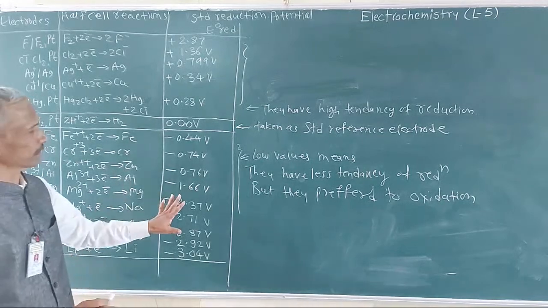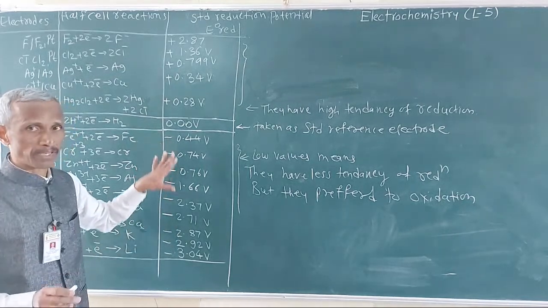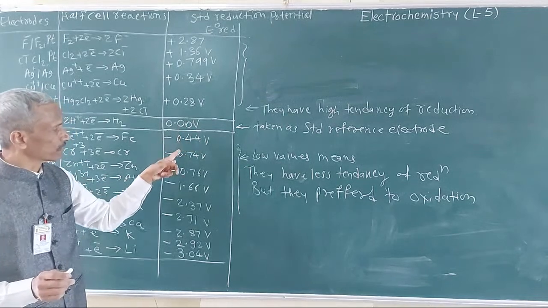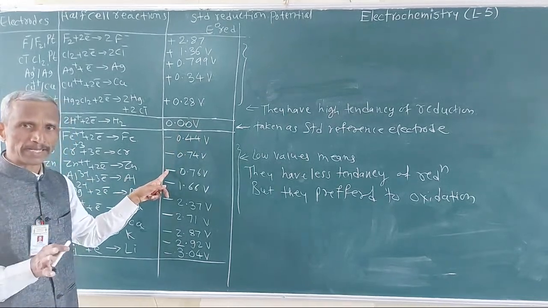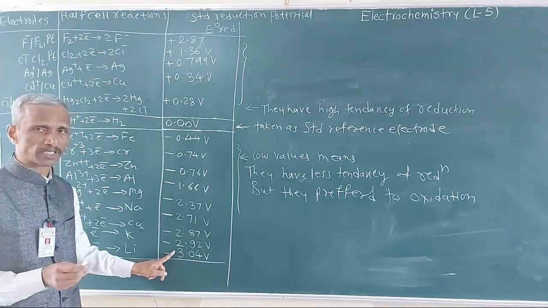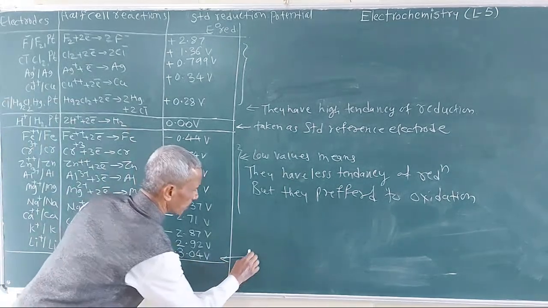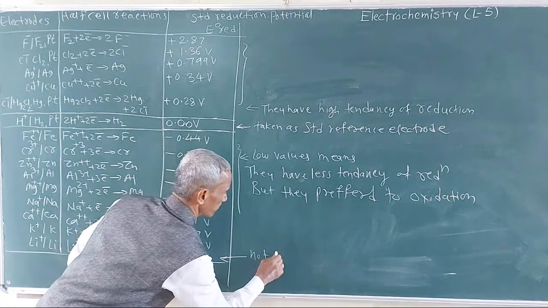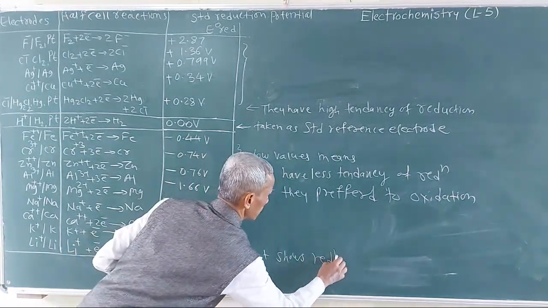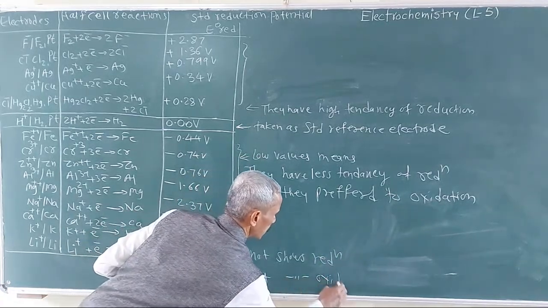Now here all these values are compared to the hydrogen electrode. Compared to the hydrogen electrode, they have negative values. That means the reduction potential of this electrode is very low, indicating this electrode does not show reduction, but it shows oxidation. It prefers the oxidation.